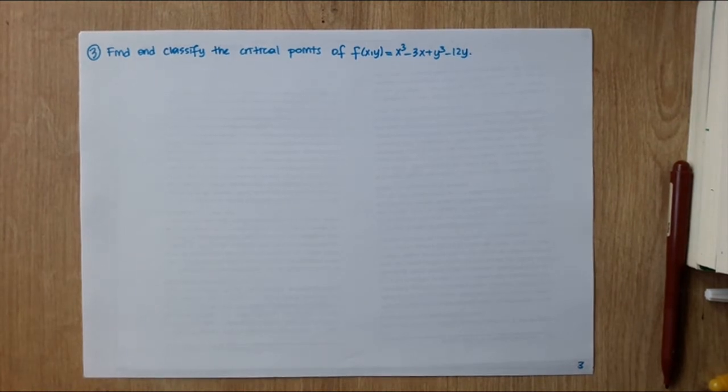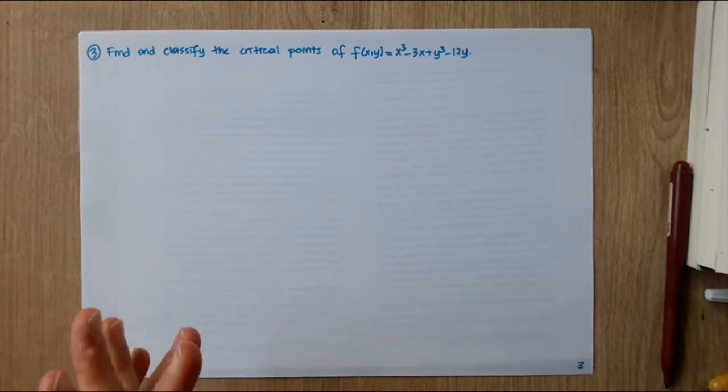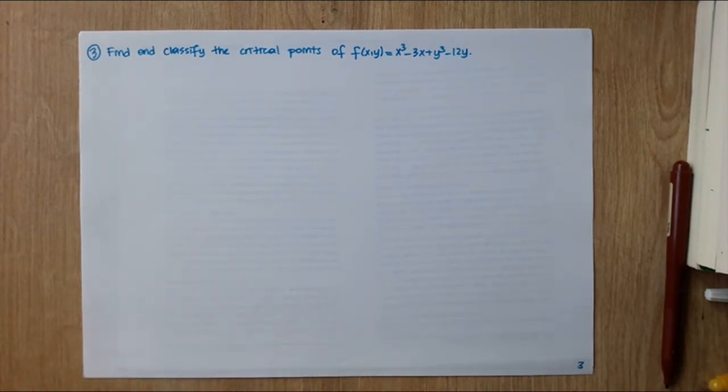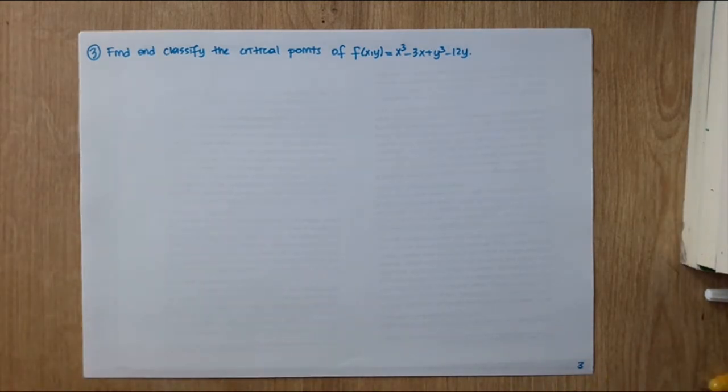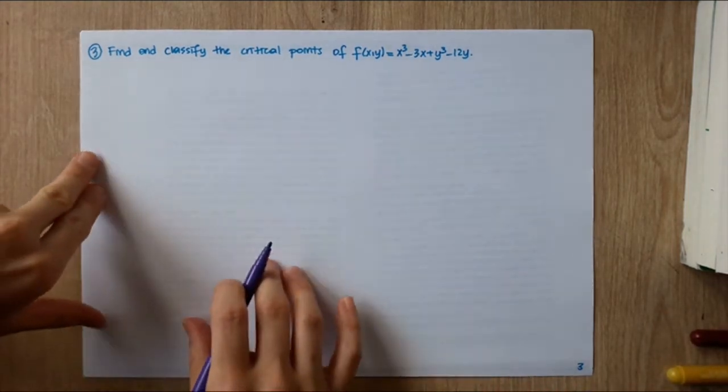Now we are given a function f of x, y, and we want to find and classify the critical points of this function. To do this, we will use the second derivative test. First of all, I will find the critical points of this function. If you remember, that is step 1.